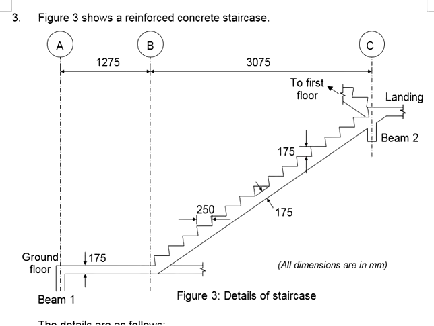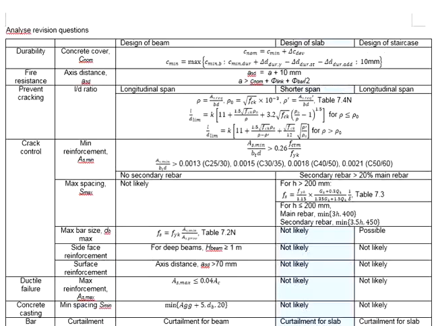However, when it comes to the staircase, the distribution of the load will be one way. A staircase is supported by two beams only. There are no beams on the other side of the staircase. Because of that, the bending of the staircase will be in the longitudinal direction. This links to the design for the L per D ratio for the staircase being similar to the beam. Both are done in the longitudinal direction.